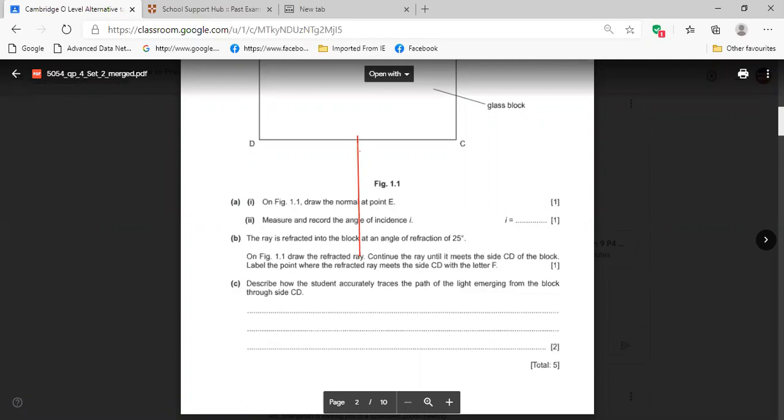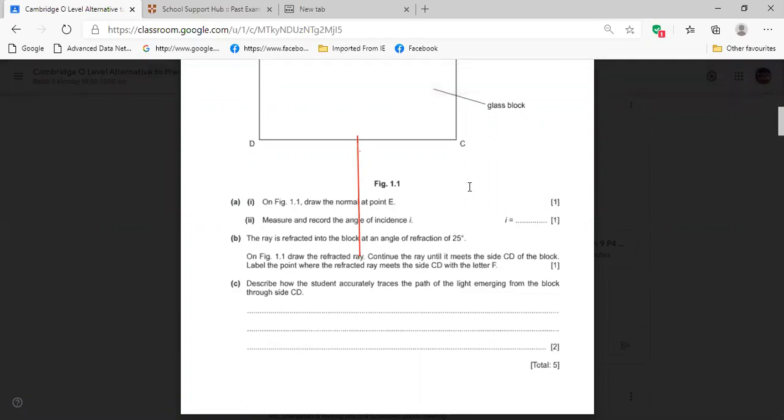At the bottom, you see, we will prefer the first one. What is written there? Place pins on emergent ray. The light ray which is coming out from CD, that is called the emergent ray. The student should place the optical pins on the emergent ray with some gaps, one after another.